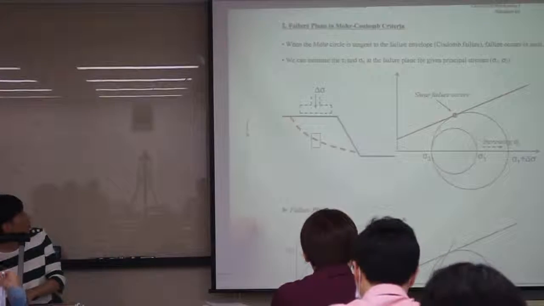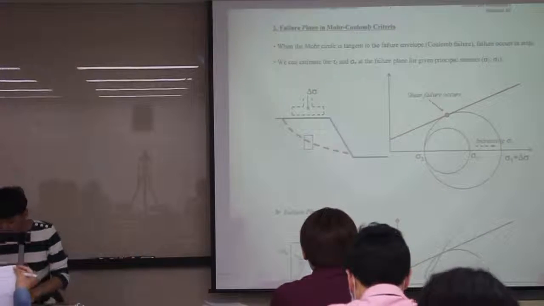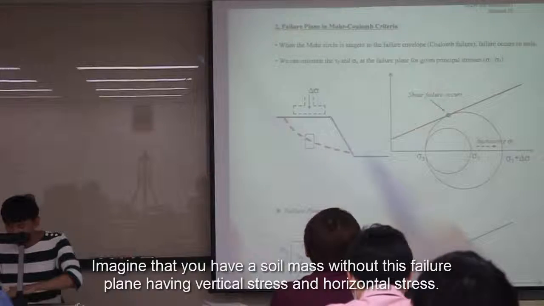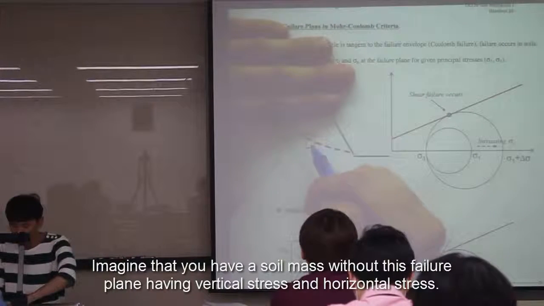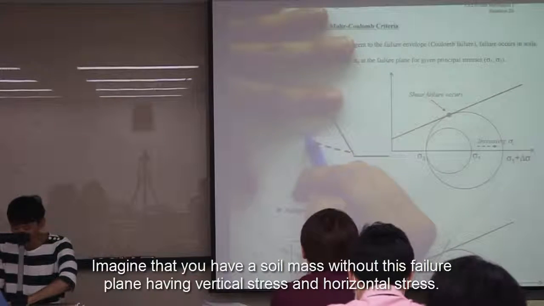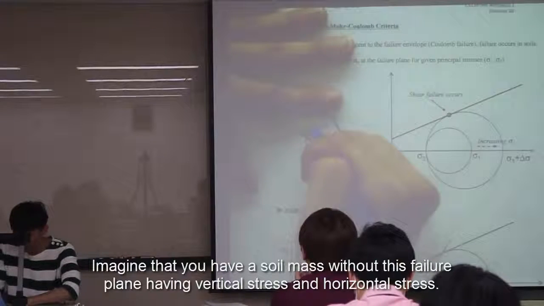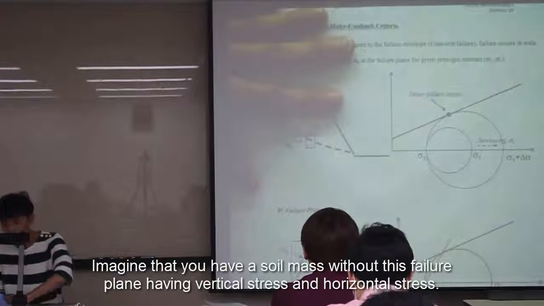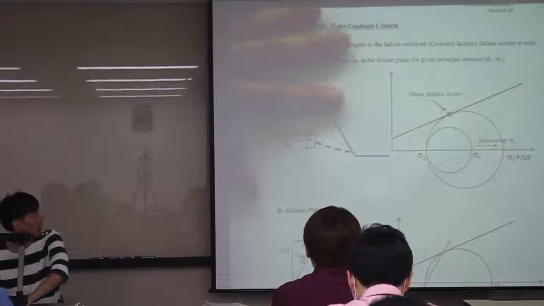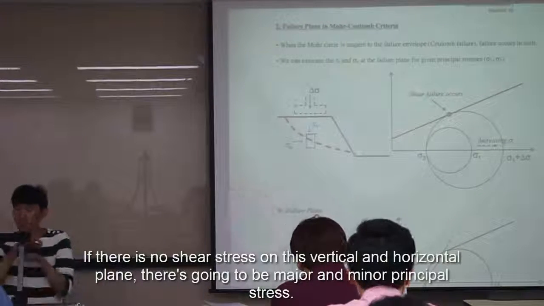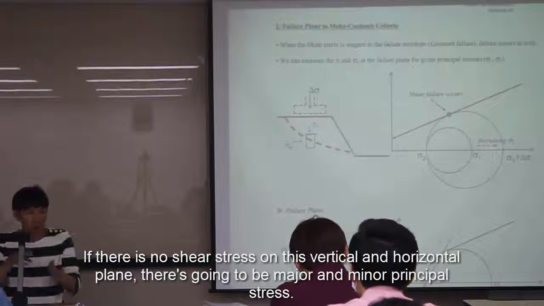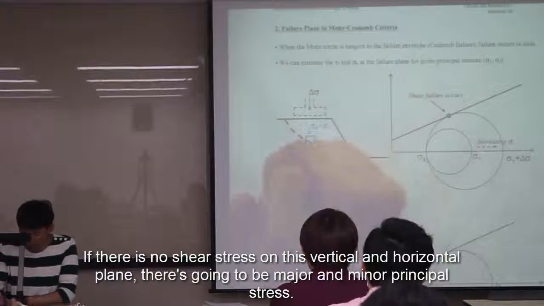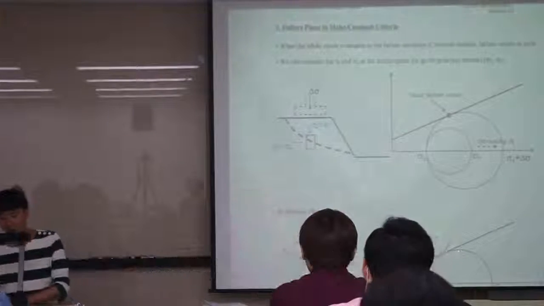Failure plane and Mohr criteria. So here, imagine that you have a soil mass without this failure plane, with the vertical stress and the horizontal stress, sigma v and sigma h, right? And if there's no shear stress on this vertical and horizontal plane, then these will be the major and the minor principal stresses, sigma 1 and sigma 3.